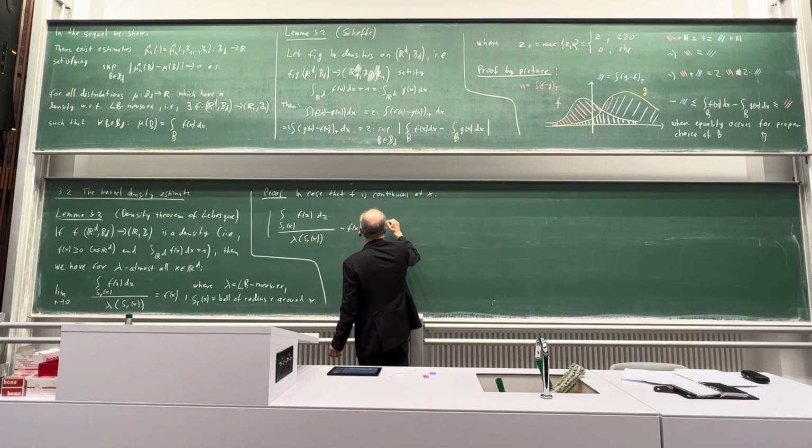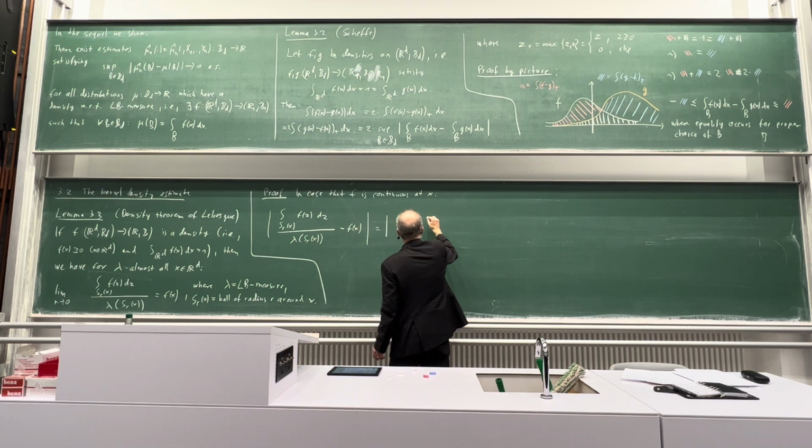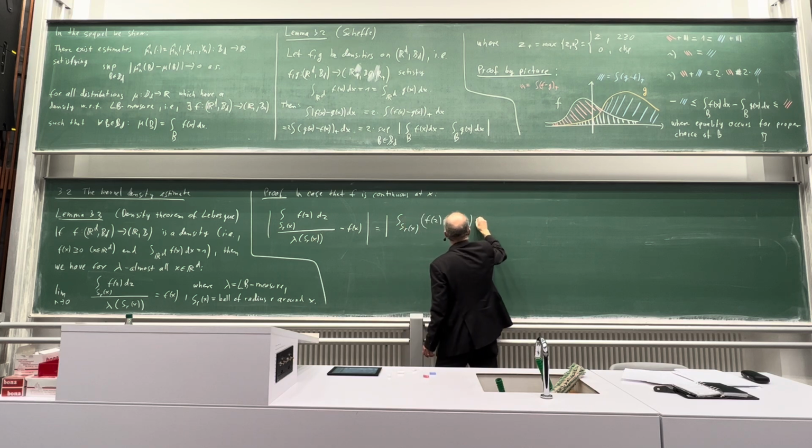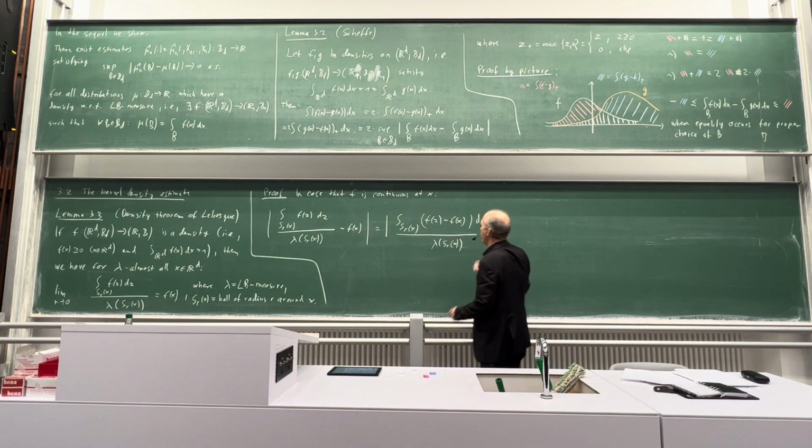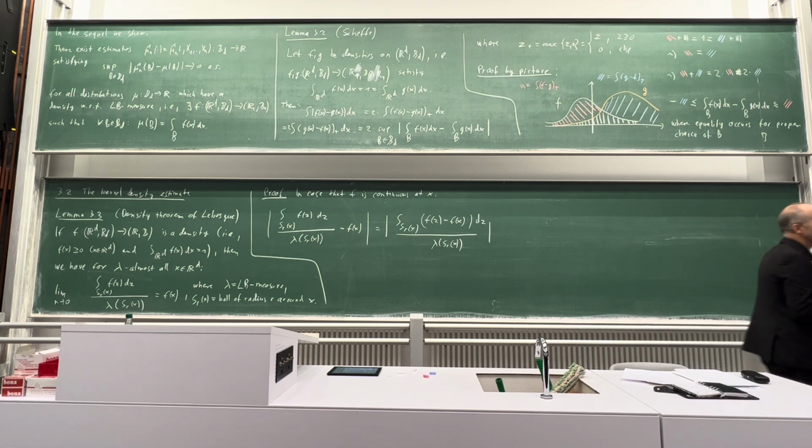And then you combine the two integrals. Because just the integral over the ball S_r(x) of f(x) dz is just the constant function value f(x) times the Lebesgue measure of the integration area, so the Lebesgue measure of S_r(x).